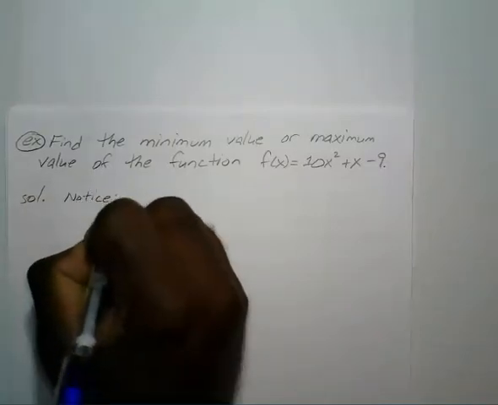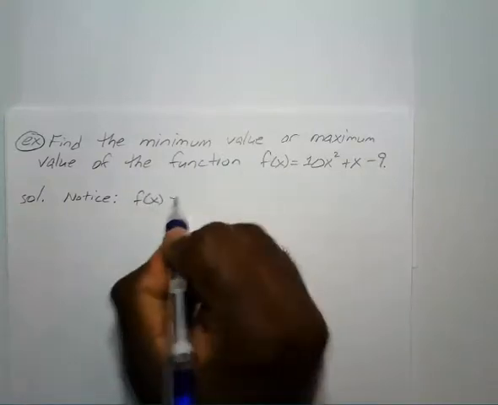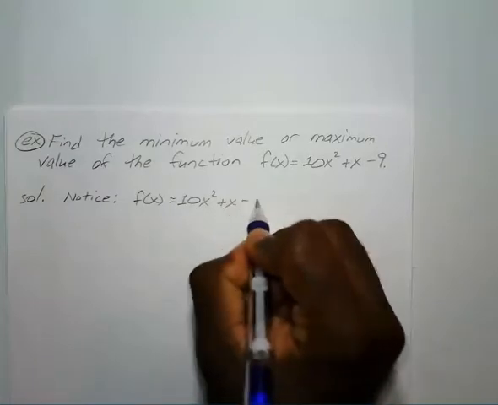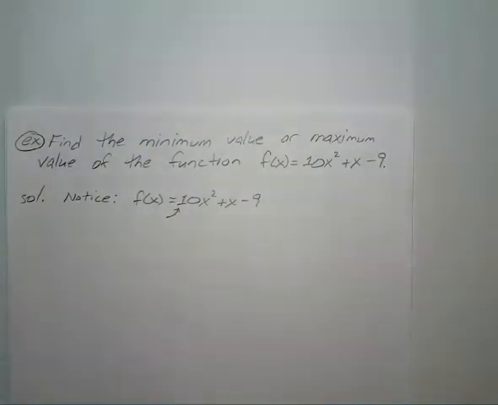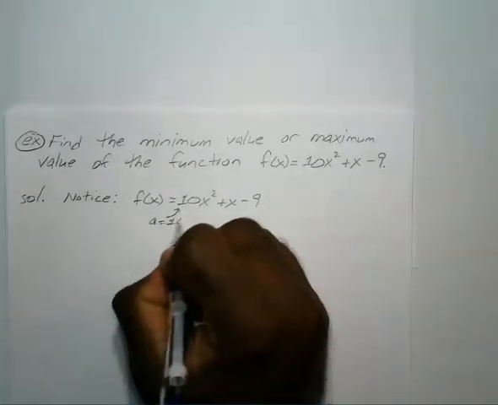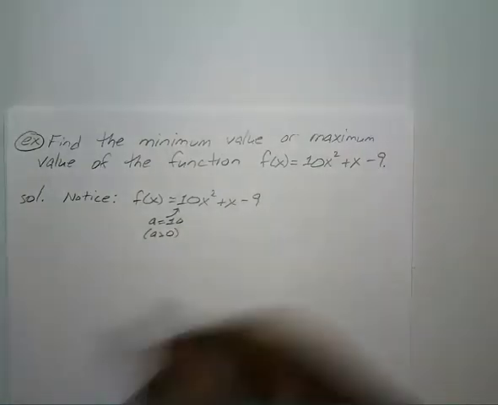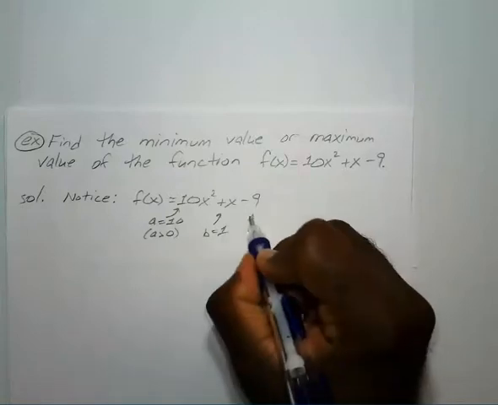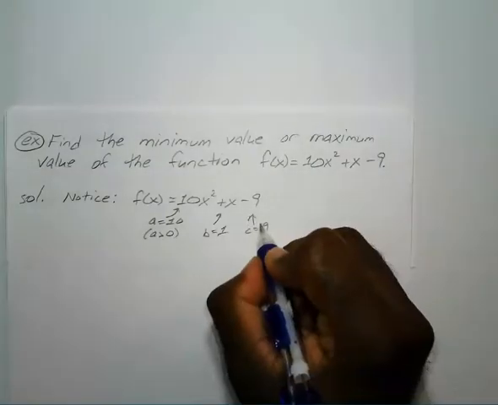Okay, so the first thing we want to notice for our f of x equals 10x squared plus x minus 9 is that your a is equal to 10. So a is equal to 10, which means that a is greater than 0. b is equal to 1, and c is equal to negative 9.